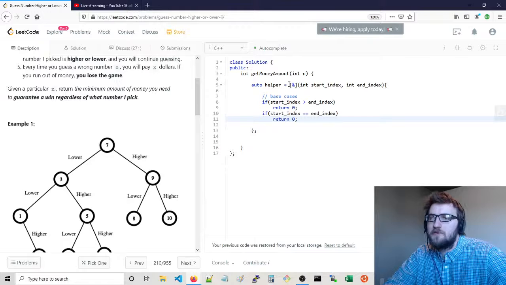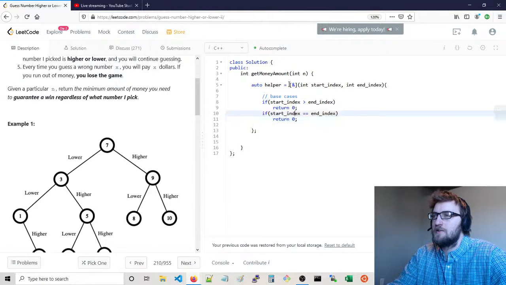Basically, the idea is to pick a root, split the range into two pieces, operate on those two pieces, and get the maximum. So let's actually do that.